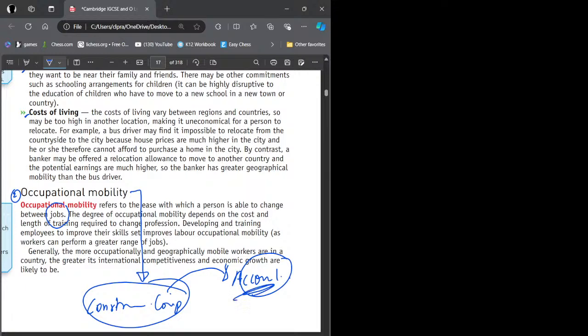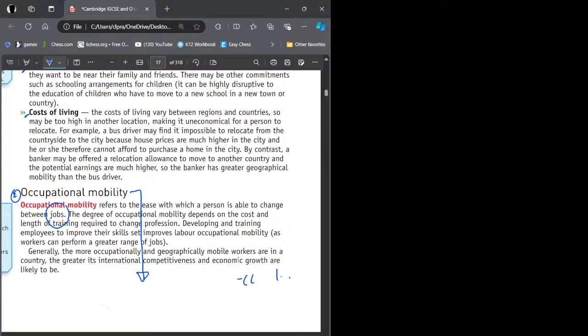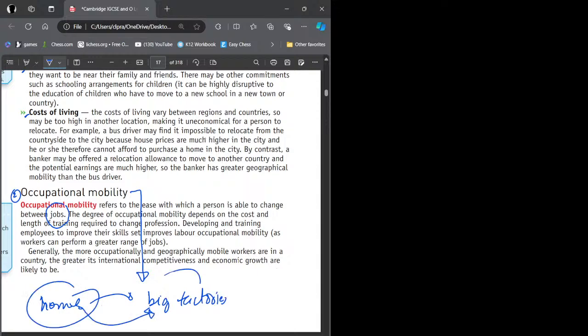That's why he's not occupationally mobile. So that means he cannot easily change from one job to another. But if he was into the construction of homes, he can easily go into the business where they construct only big buildings or factories, right? He or she in this case is occupationally mobile. Okay, so that is what it is.